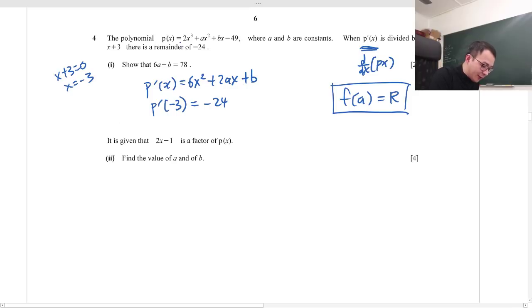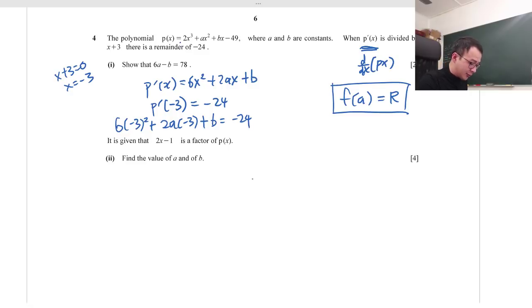So 6 times negative 3 squared plus 2a times negative 3 plus b equals negative 24. So 9 times 6 is 54, and I move 54 to the other side, plus 24.